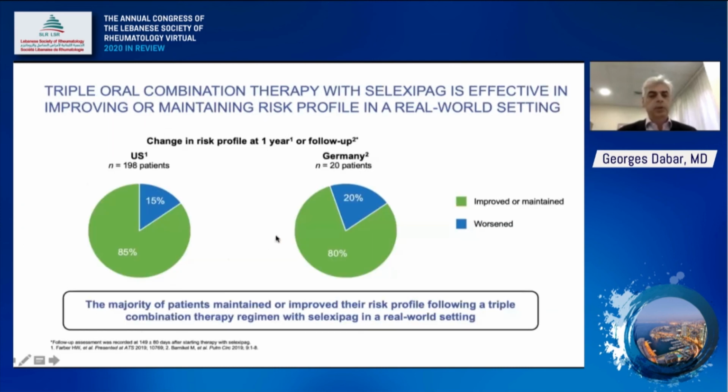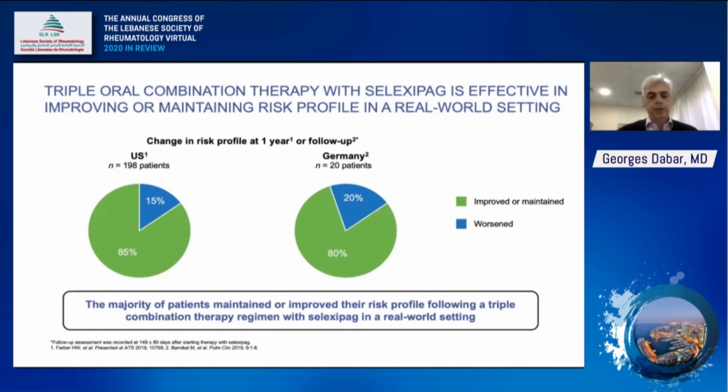Now, triple oral combination therapy with Selexipag is improving or maintaining the risk profile in a real-world setting. Looking at patients in the US and Germany, just a small portion of them worsened while the majority remained in an acceptable risk profile.